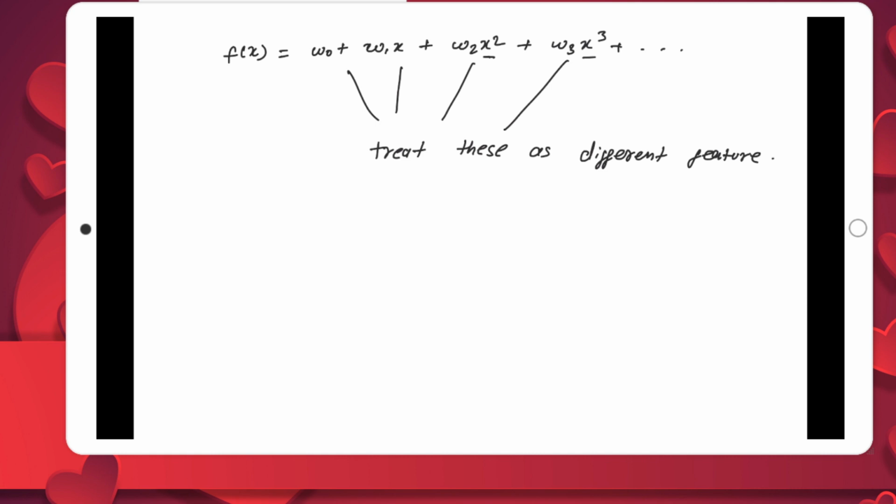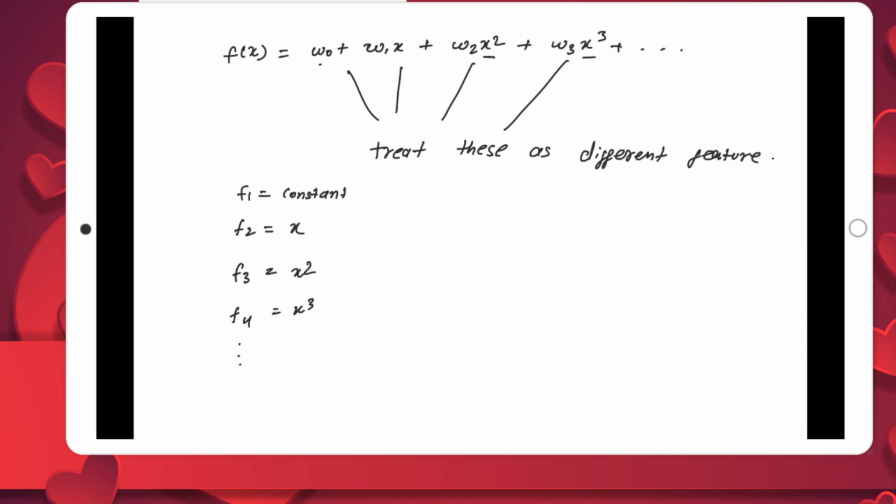Now in this case, we have feature 1, which is just a simple constant feature, and then we have feature 2. In feature 2 we have x, in feature 3 we have x square, and for feature 4 we have x cube and so on.